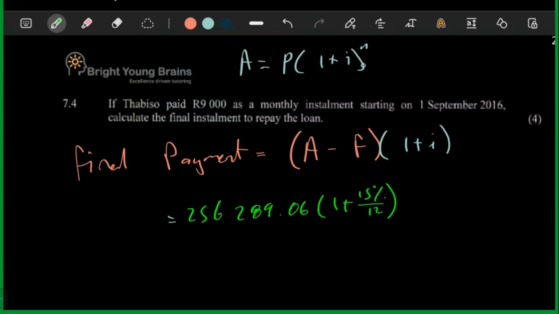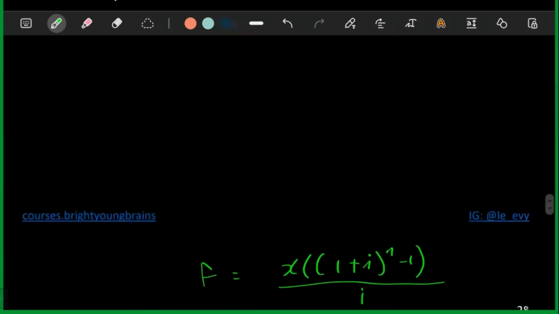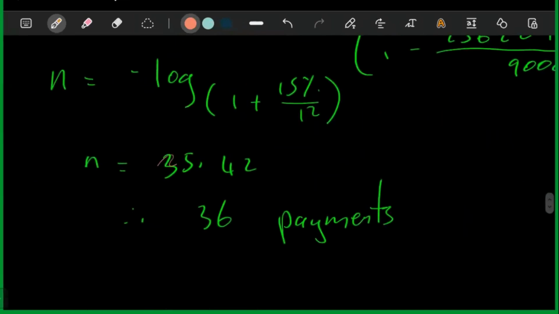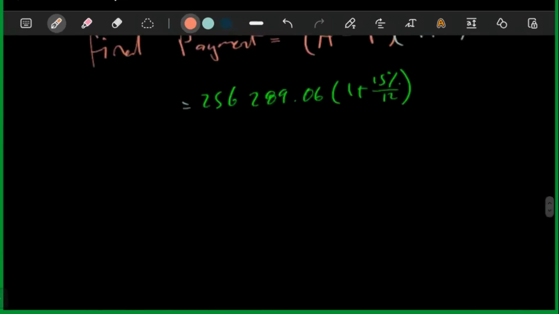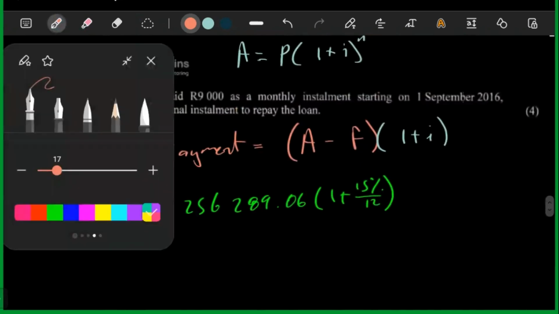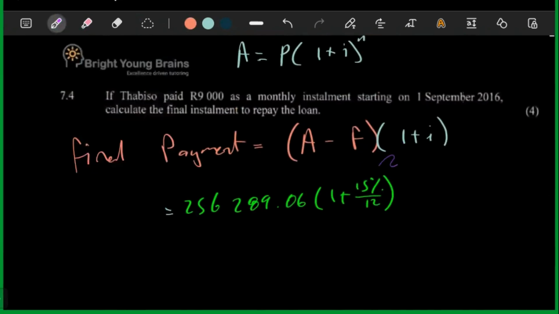And n is the full number of payments, before the last one, which will be less than 9,000. This is going to be to the power of 35.